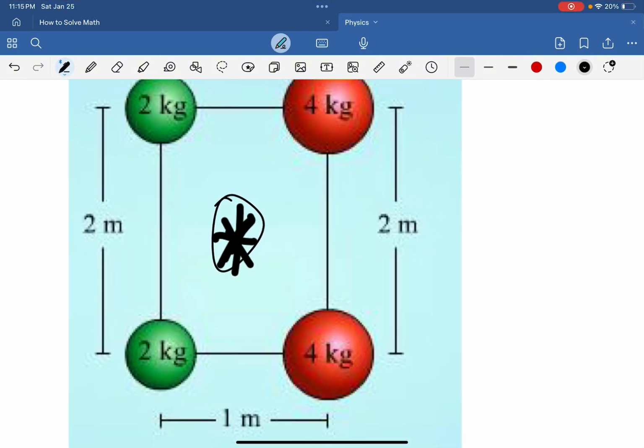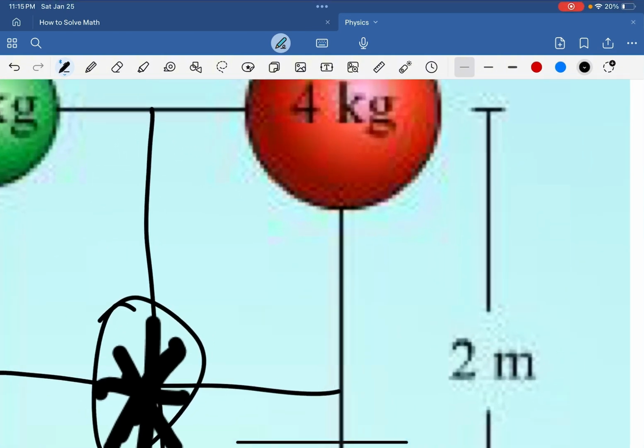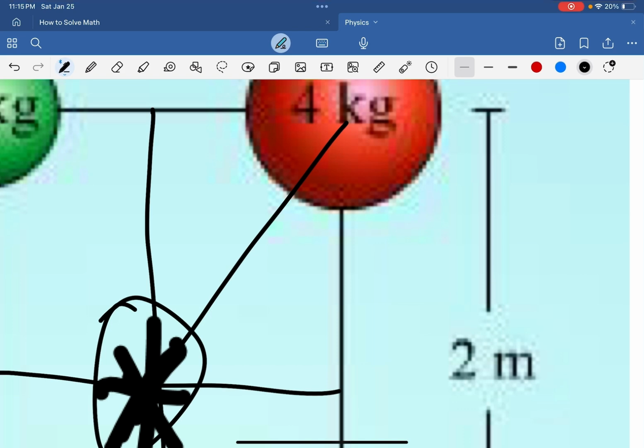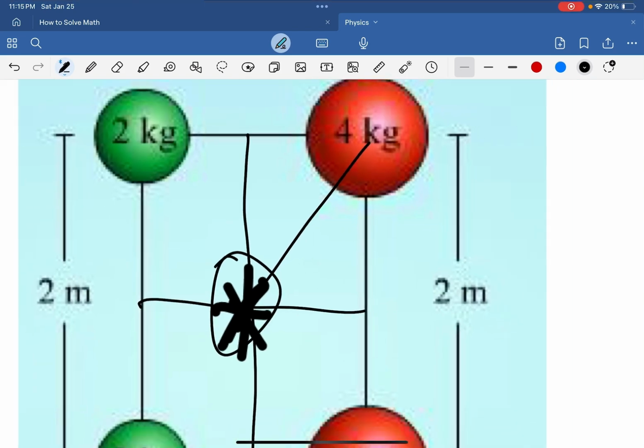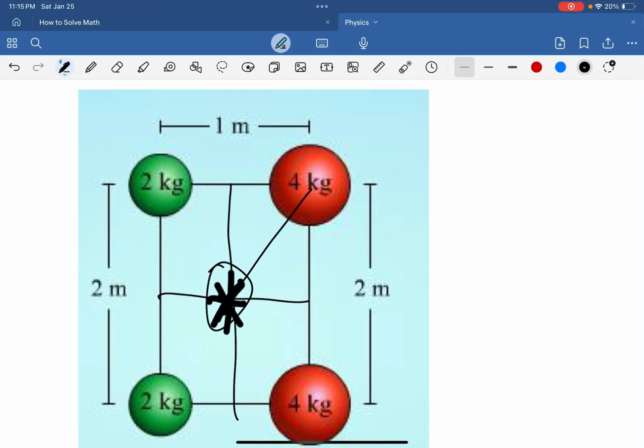Let's break this rectangle into 4 smaller rectangles. And then let's break these rectangles into triangles. These are just right triangles, and we know that we can use the Pythagorean theorem.